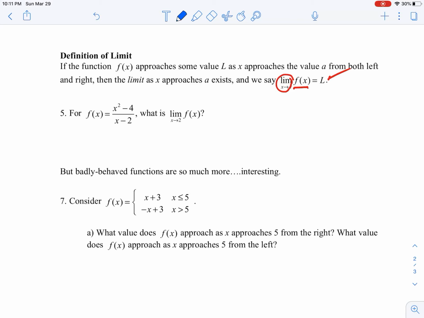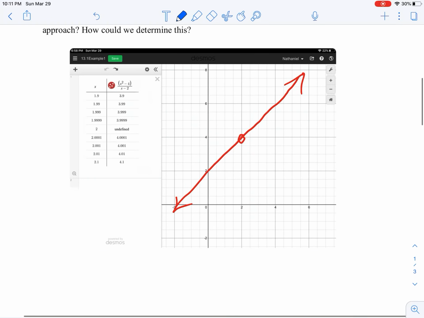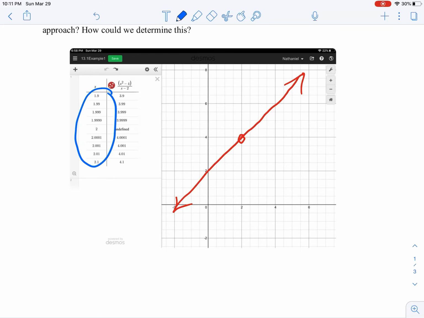Let's apply that to the function we just looked at. For f of x equal to x squared minus 4 over x minus 2, what is the limit as x approaches 2 of f of x? Well, as we saw numerically here, when x approaches 2, we see those y values heading for 4.